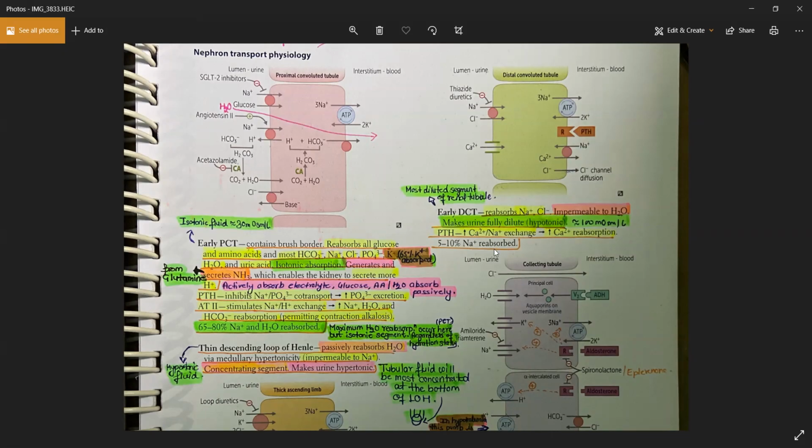In your collecting tubule, you have an activation of ADH that will reabsorb all the water, and that makes this portion maximally diluted, hypotonic. Because in the lowest part of the loop of Henle and the lowest part of the collecting duct, you have a very high concentration of the urine, right? So that makes the DCT maximally diluted or hypotonic. In a scenario where you have a hypervolemic state, can I have an activation of ADH if I have too much volume of water?